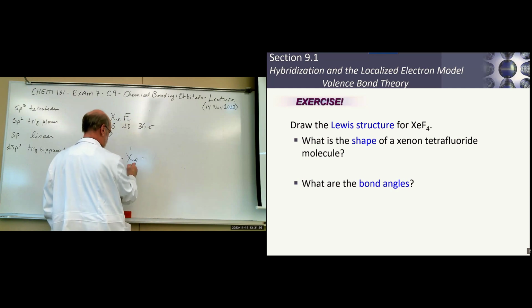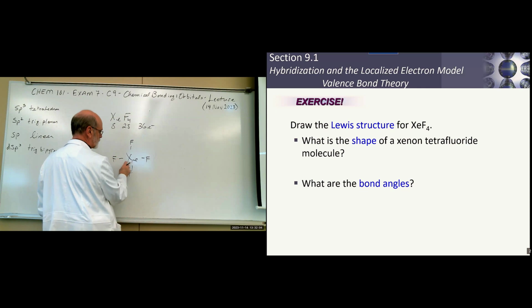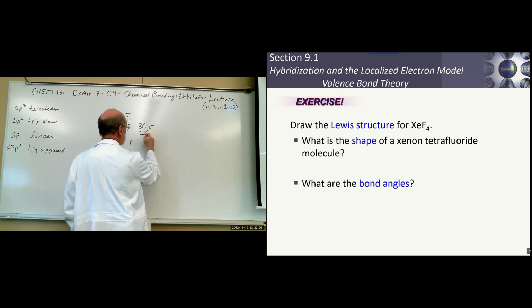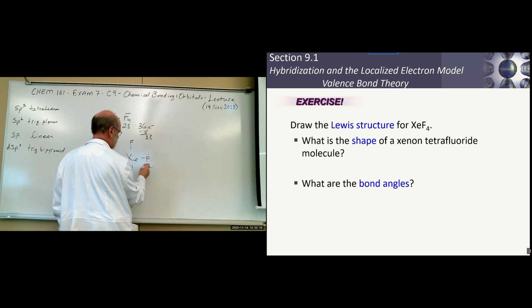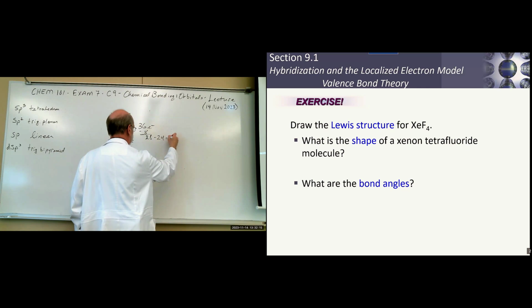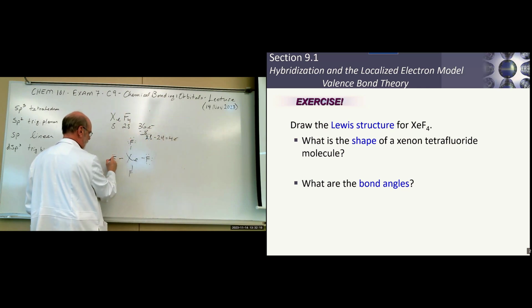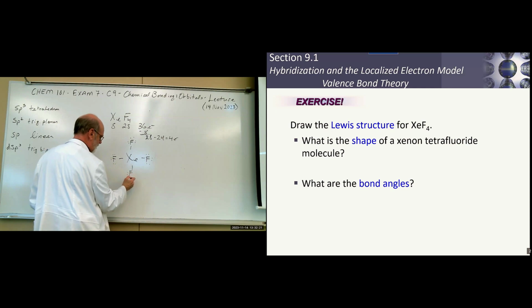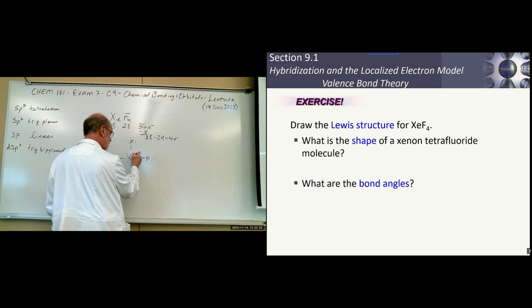We have these 4 fluorines. 2, 4, 6, 8. So that's 28. 6 times 4 is 24, right? 4 electrons left over. So they have to go here.